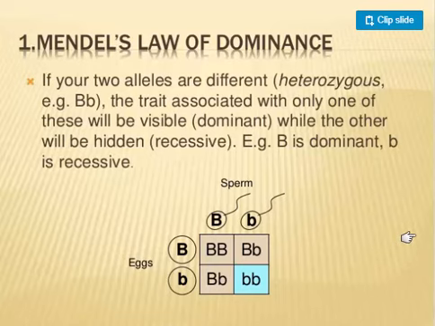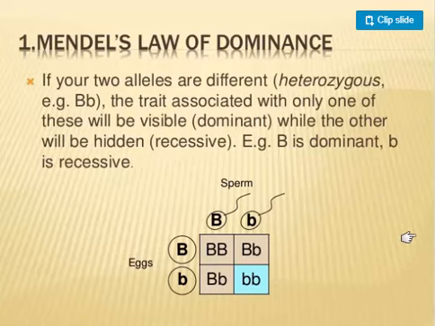So he concluded that some of the traits are dominant, which means that they always appear, and some of the traits are recessive, and we said recede means go back. So recessive traits go back when they are meeting a dominant trait. They let the dominant trait dominate and appear.